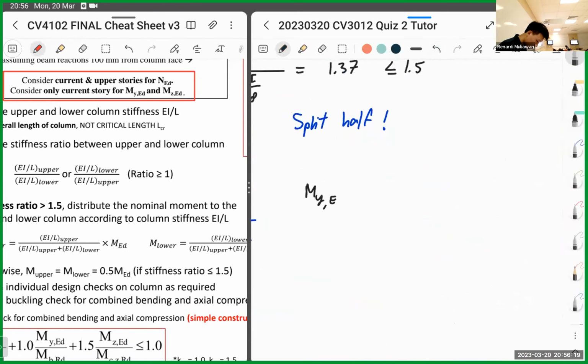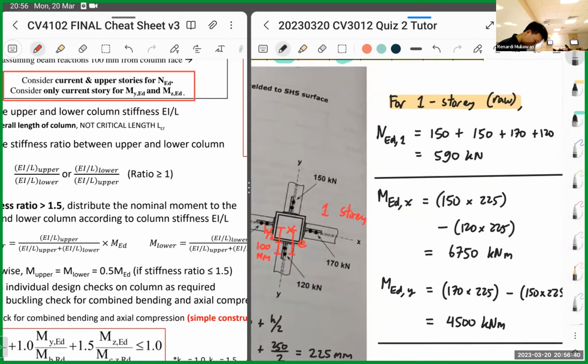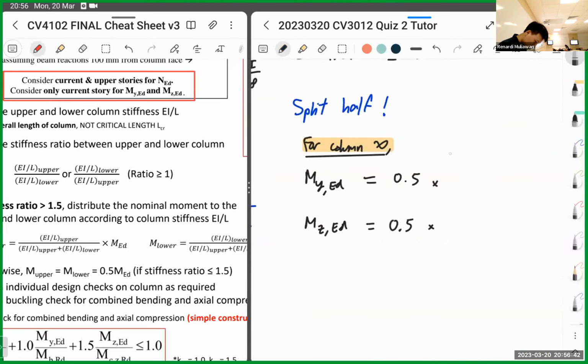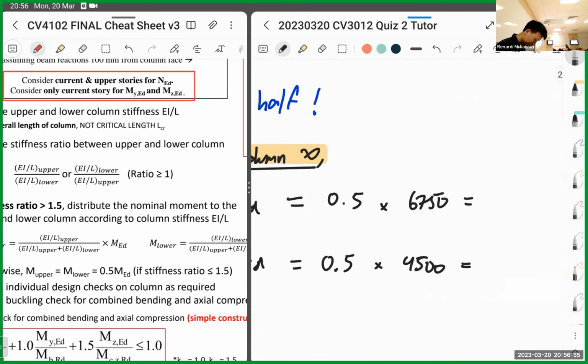Okay, so I'll just write this down. MYED and MZED for column X. For column X, MYED is just 0.5 times 6750 and 4500. Actually, I'll make this X and Y just to keep it consistent.